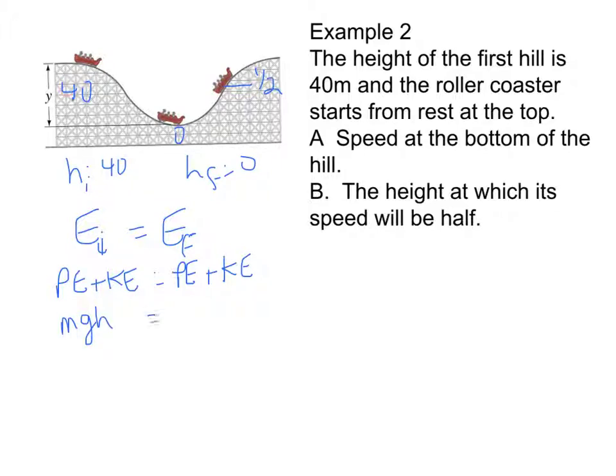MGH equals, see, that's 0, that's 0, 1/2 mv squared. So that cancels, that cancels. So that's 9.8 times 40 equals 1/2 v squared.